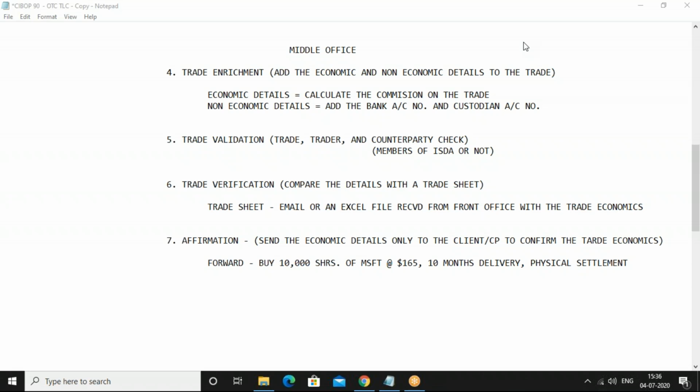They have to create a confirmation document saying these are the details of the OTC transaction. Before we can create that legally binding agreement, we need to reconfirm all the trade details with the counterparty or client.